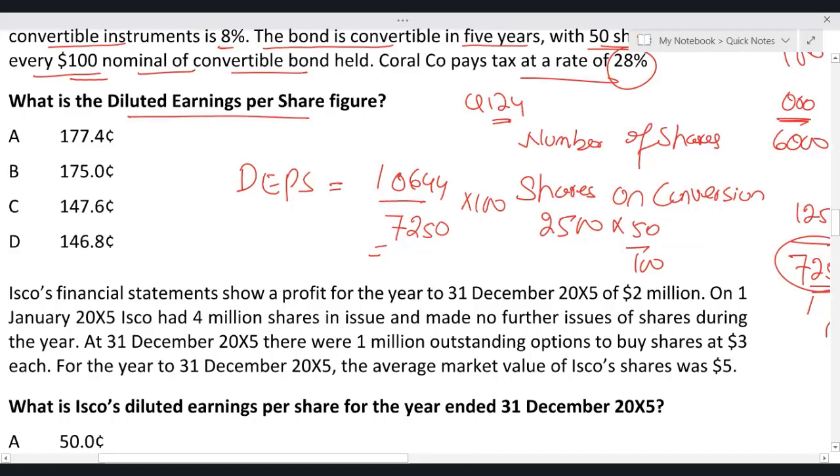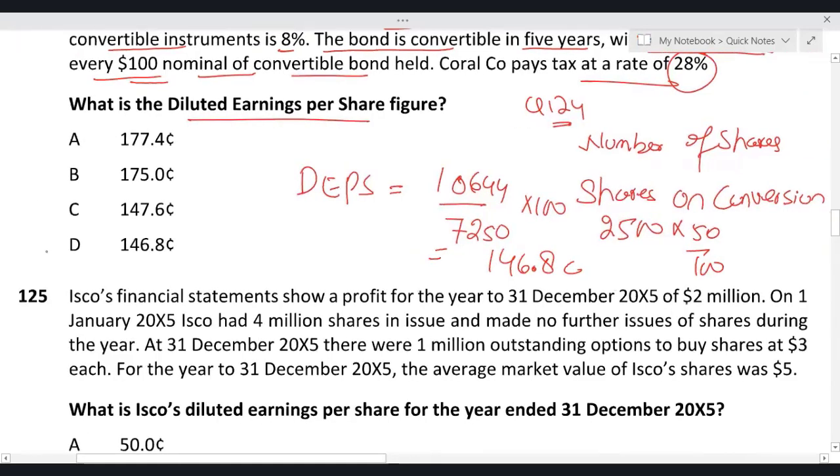So 10,644 divided by 7,250 into 100. I'm getting 146.8. We have to go to only one decimal. So 146.8 cents. So obviously the exact answer is D, Delta.